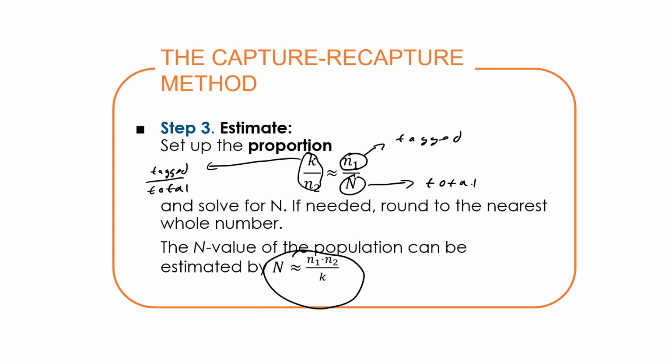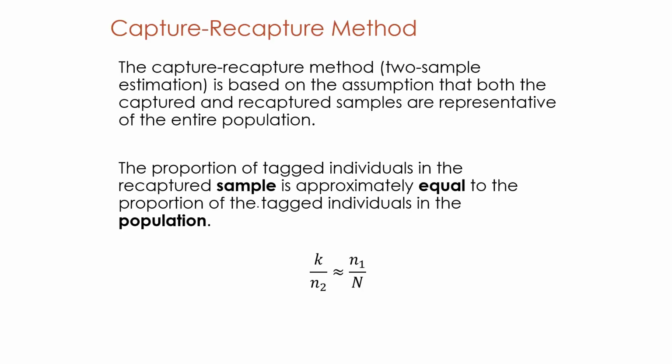This is what you want to estimate. And n2 is your second sample size, how many did you collect? Right? And so then there you go. I like to keep this in mind as just tagged to total instead of k over n2 is approximately n1 over n. That's just complicated to remember, but tag to total seems pretty simple.